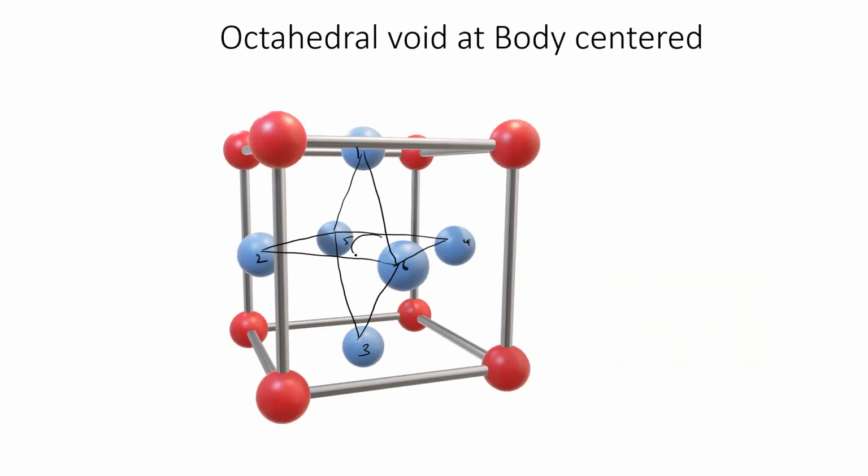In between all the 6 atoms we have some empty space. This empty space is called a void, and in between the 6 face-centered atoms it is called an octahedral void. So how many voids can we get? Only 1 void, because only 6 face-centered atoms are there for one unit cell. Is that clear?